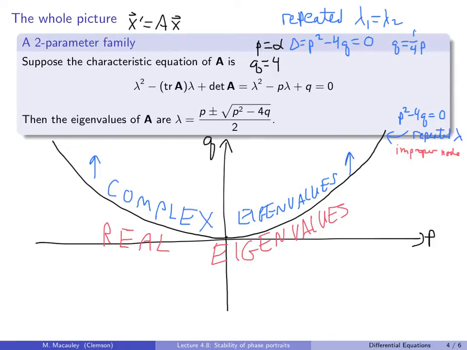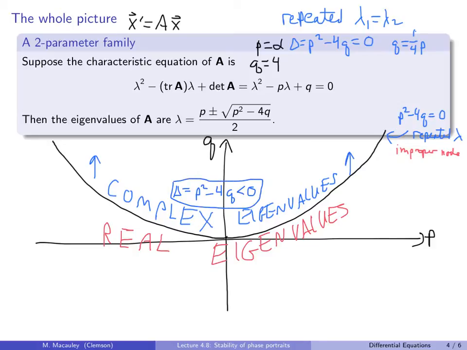And I should say they're complex eigenvalues because this discriminant, which is p squared minus 4q, is less than 0. So that's why they are complex.